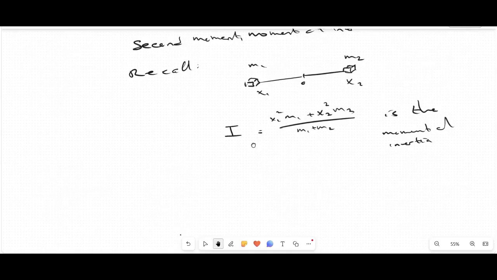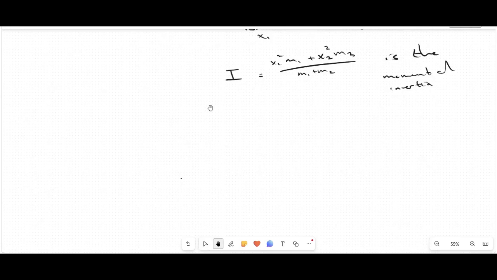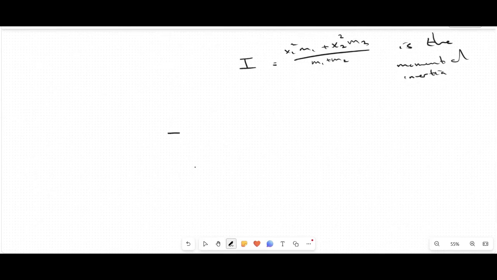So to extend this idea to two dimensions, we have two of these guys. I'm just going to jump past all the build-up because this is stuff I just did for the first moment, but instead of finding the average x coordinate, we're going to find the average value of x squared.